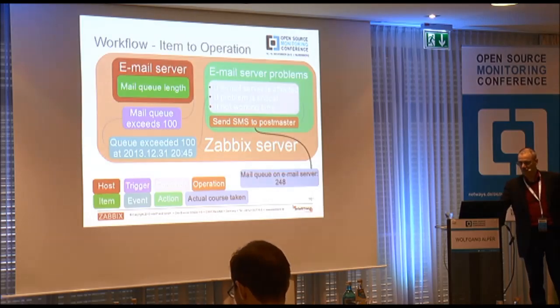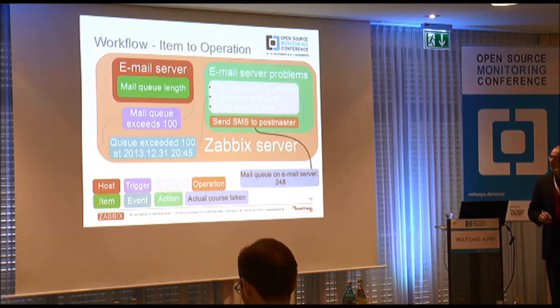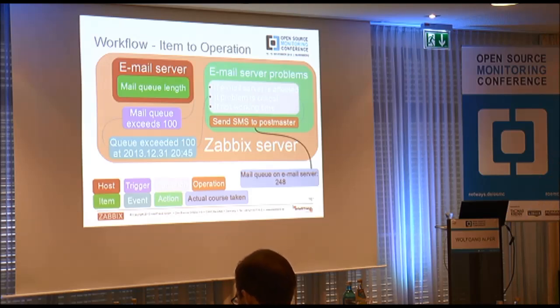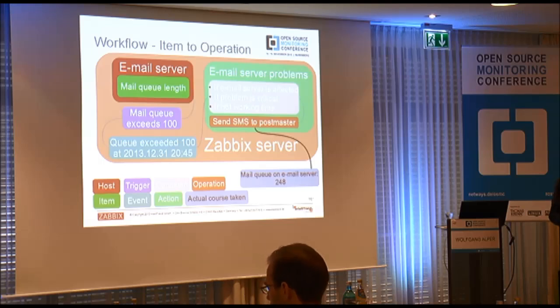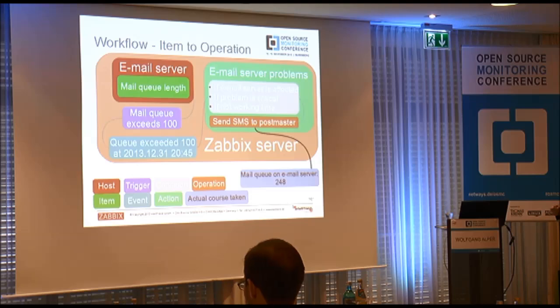Yeah. In short, how does it look like? Let's say we have got a mail queue length and we have defined a trigger. If the mail queue exceeds the value 100, then we would like to get something. What do we like to get? We need to talk about this, I realize.